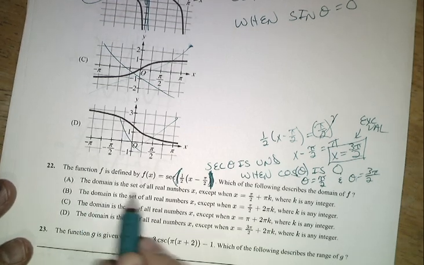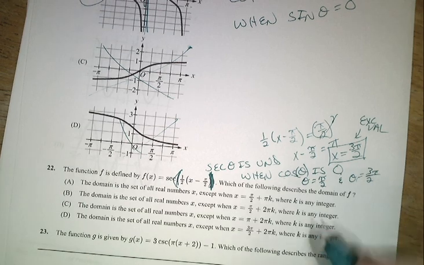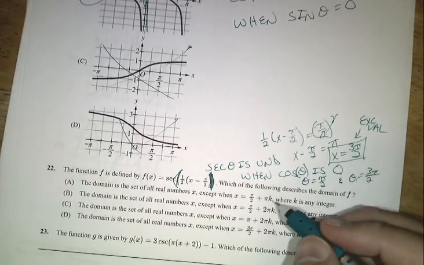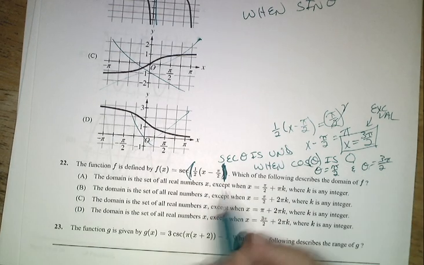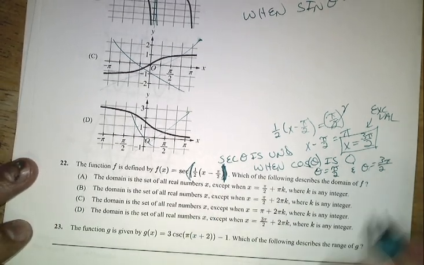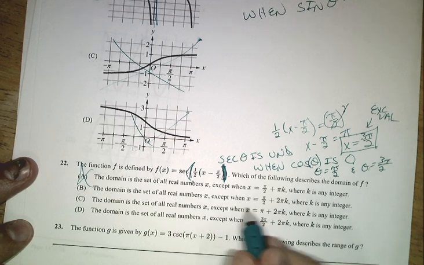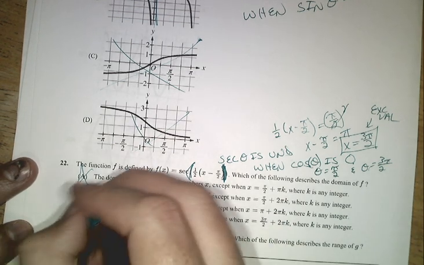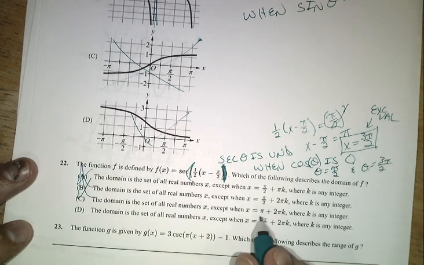The domain is the set of all real numbers except pi over 2. Well, pi over 2 is not one of our restricted values. We can actually use pi over 2 in the equation because when I plug it in, all these other things will change where the asymptote is located. So it can't be A. The domain is pi over 2. Nope, can't be B. The domain is all real numbers except when x equals pi.